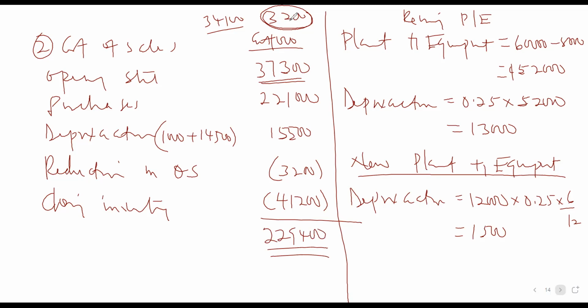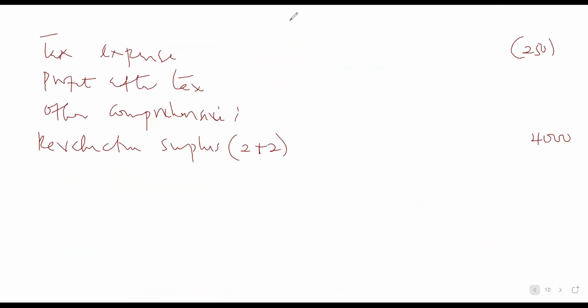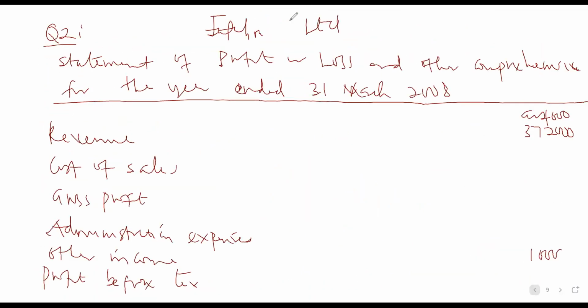Is that correct? So you're getting what? 229,400. Yes, sir. So 229,400. Okay, let's subtract. What will be our gross profit? I'm getting 142,600.